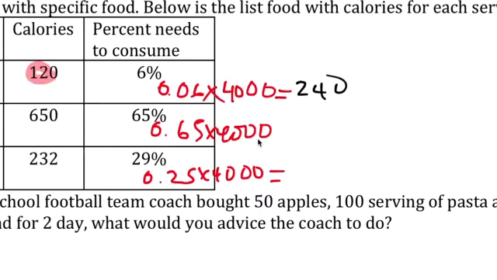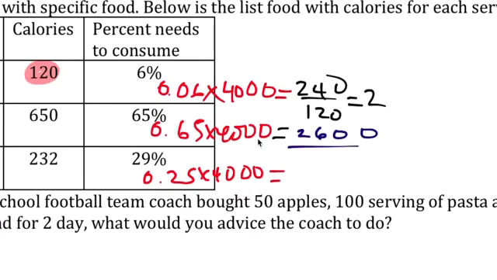Take that divided by this number there, you get 2. Okay, multiply this. You get, divide that by this 550. Get the answer of 4.